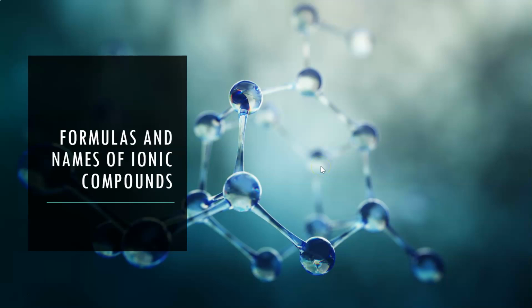Now we're going to have a look at that in a bit more detail and look at how we go about deriving the formulas of these compounds, naming them, and then getting the symbols and the balancing right so that we know that the name that we give them refers to the right chemical formula.